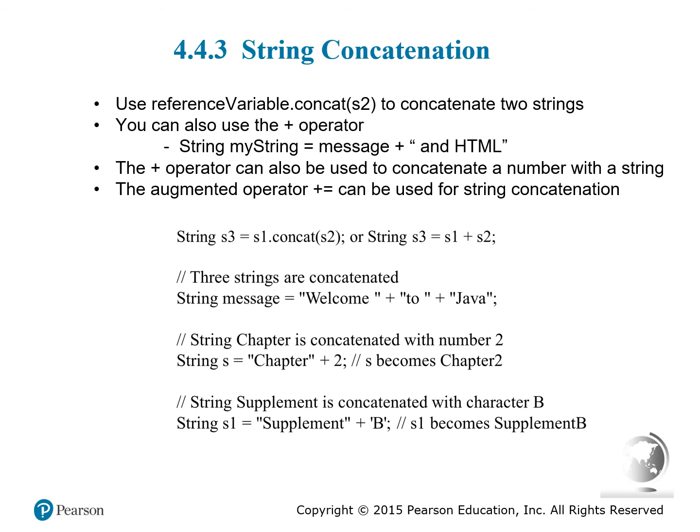Likewise, we can concatenate a string with a character using the plus sign, as in the example of the string literal "Supplement" plus the character literal 'B'. This results in the string "Supplement B", which is stored in the string s1. Notice that because B is a character literal, it is enclosed in single quotes. However, "Supplement", a string literal, is enclosed in double quotes.